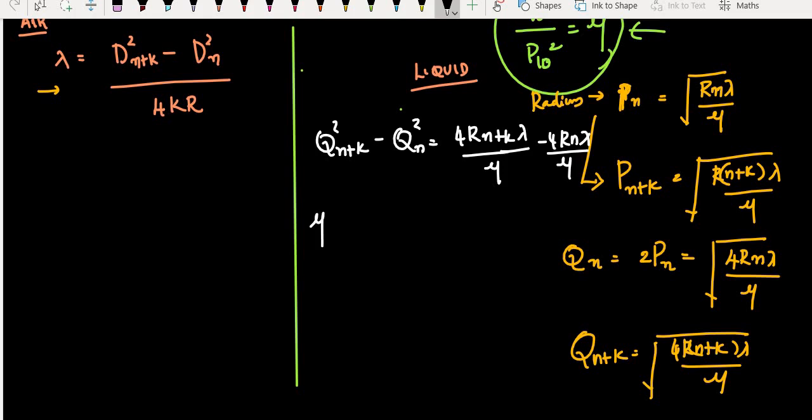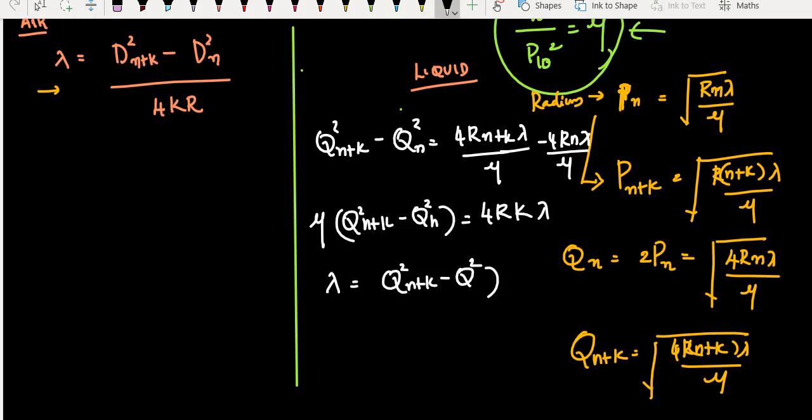We get mu into Q square n plus k minus Q square n is equal to 4Rk lambda, and lambda is equal to Q square n plus k minus Q square n into mu divided by 4kR.